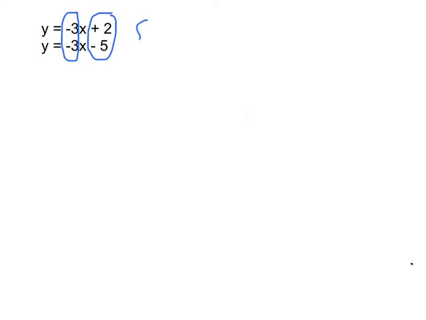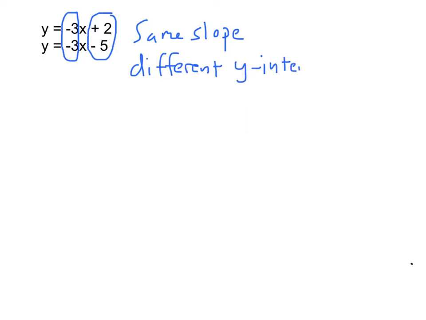So they have the same slope, but different y-intercepts. And if that's the case, then they would have to be parallel. So these lines are parallel, and so we would say that this system is inconsistent.